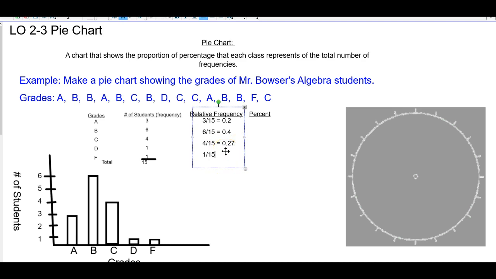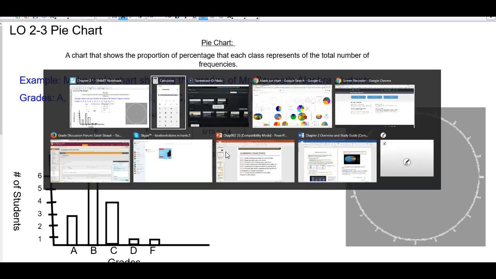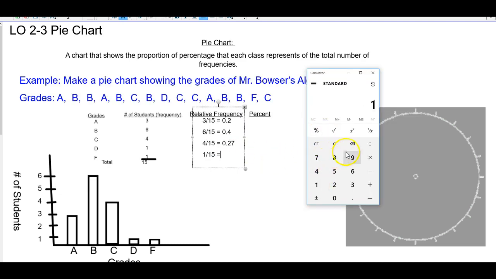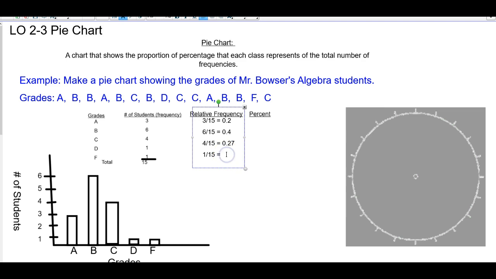We've got 1 divided by 15, which is going to give us an even smaller decimal. So let's do 0.07. Let's round that up. And then we will, of course, have the same for this last one.